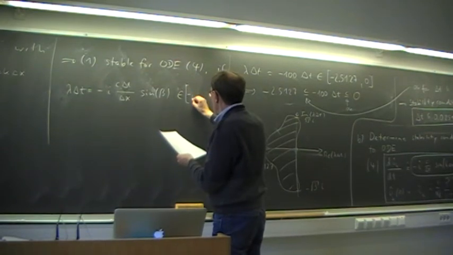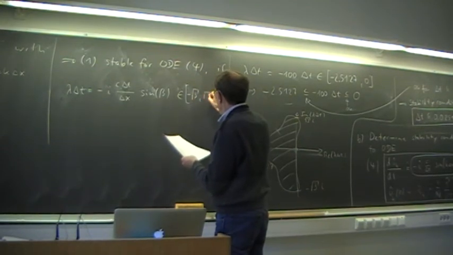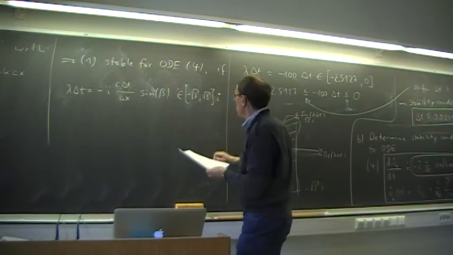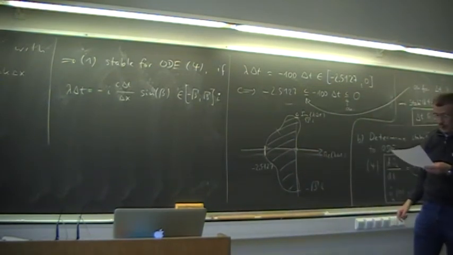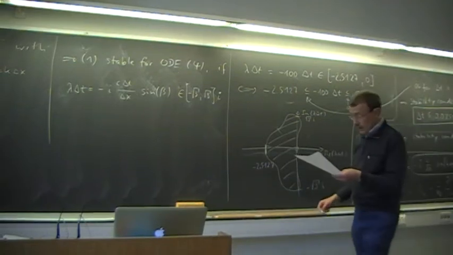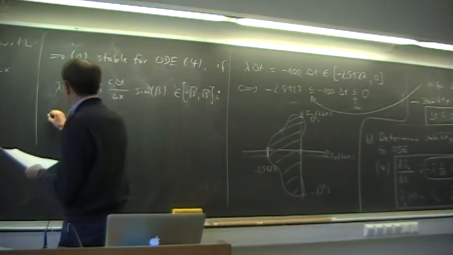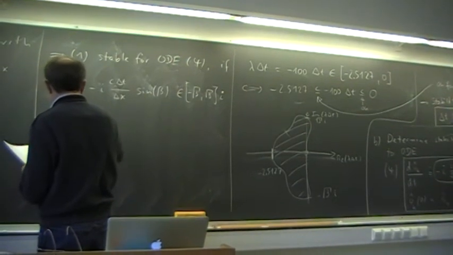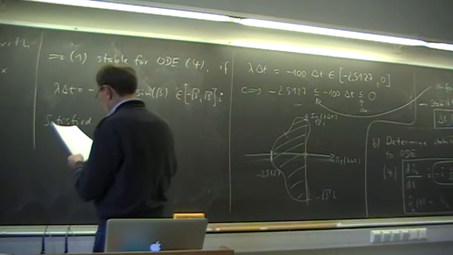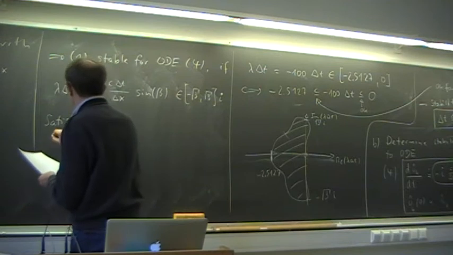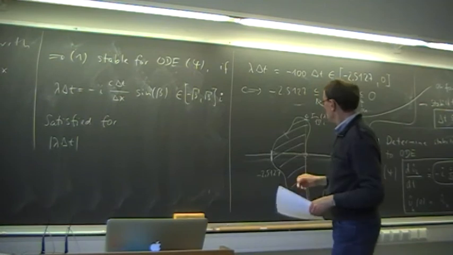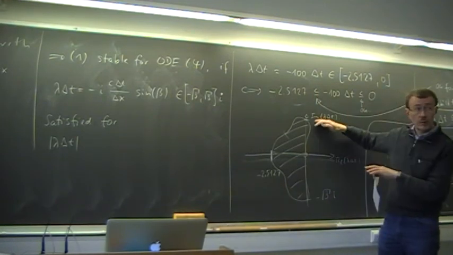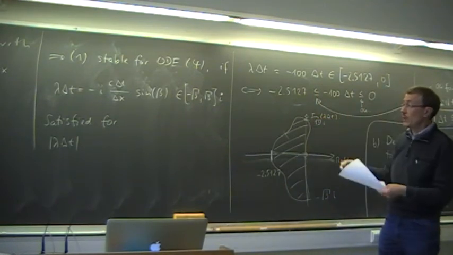Minus square root of 3 to plus square root of 3 times the imaginary unit. So that is indicating that we are here. And that is satisfied for the absolute value of lambda delta t being smaller equal than square root of 3. So that is another way to express this.